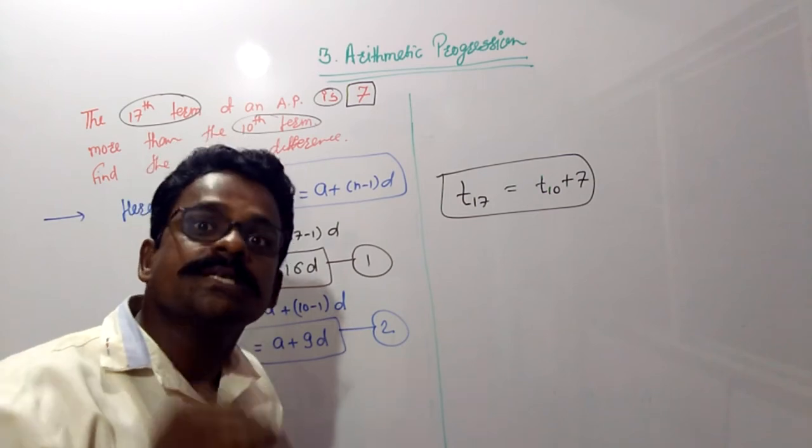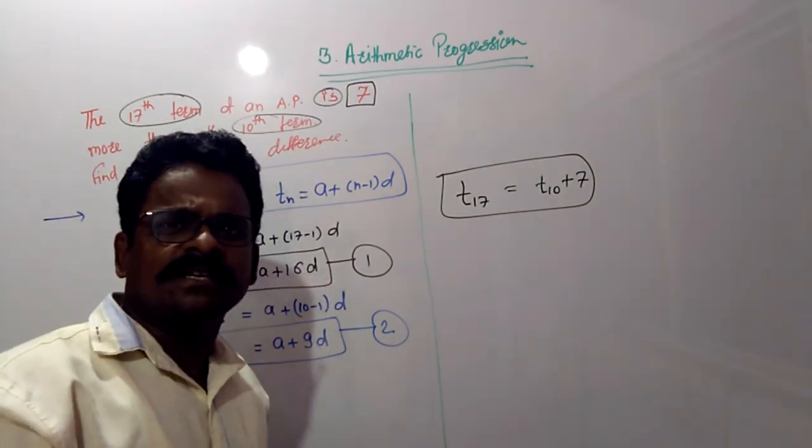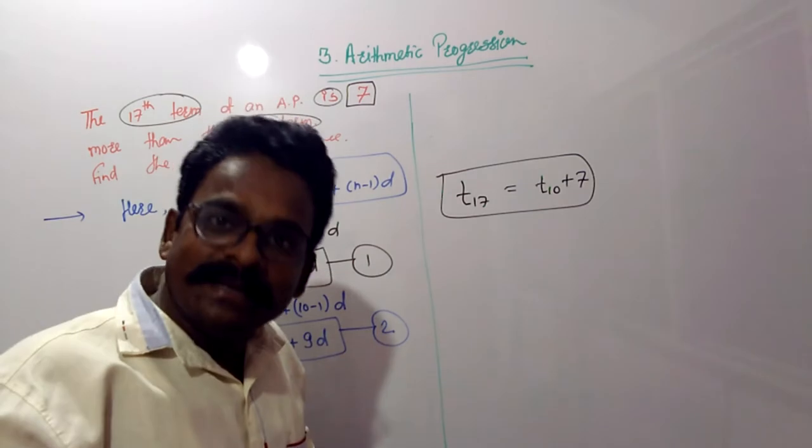Now they have given us the relationship between the 17th and 10th term: the 17th term is 7 more than the 10th term.